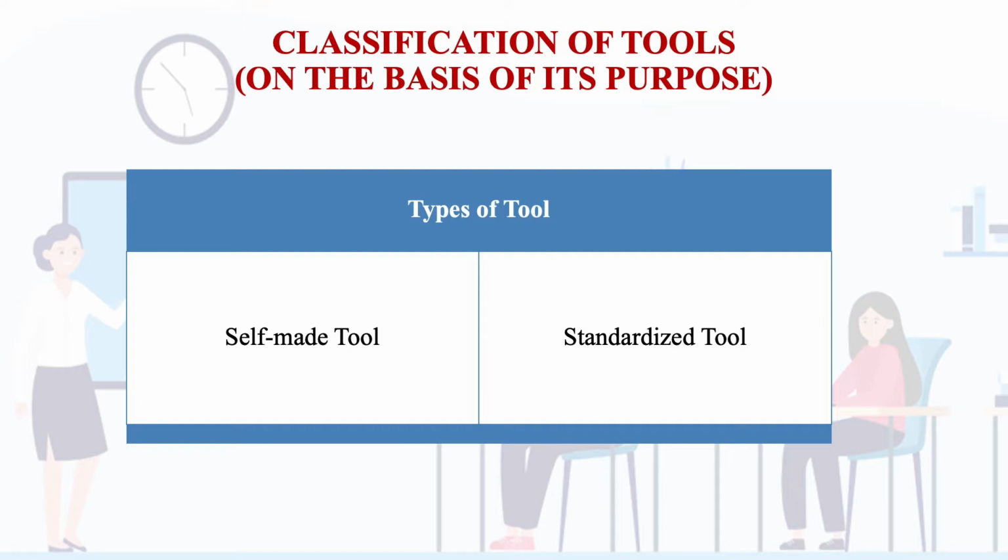Further, on the basis of the function of the tool, it is of 4 types: placement evaluation, formative evaluation, diagnostic evaluation, and summative evaluation. And now in this lesson we will discuss classification on the basis of purpose. The tools are of 2 types, that is self-made tool and standardized tool.